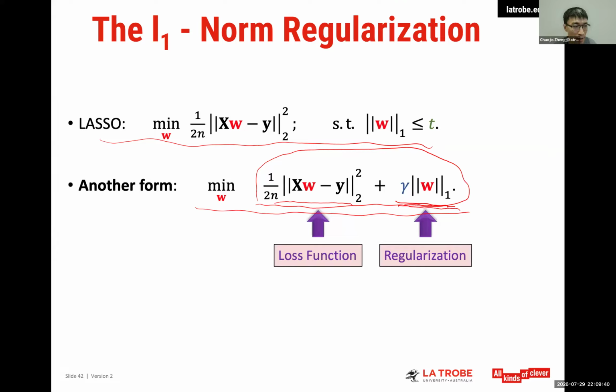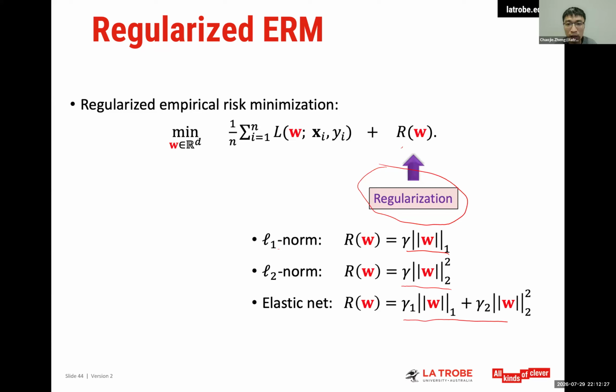So if we replace the loss function term with this equation, now the equation becomes the SVM's loss function. And for the regularization term, we can use the L1 norm, just like the Lasso regression. We can also use the L2 norm, that is squared L2 norm, like the ridge regression. And we can also use the combination of these two. That will become elastic net.